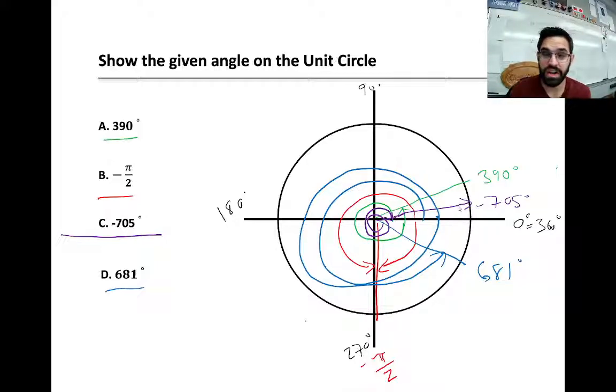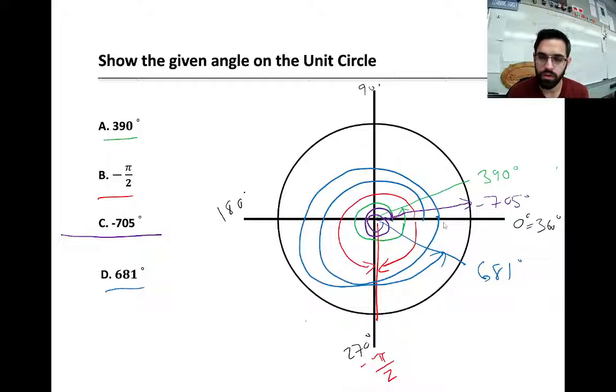Okay, 681 degrees. That's a rotation and a partial rotation. So we've got 360. Another 360 degrees would be 720, but we're only at 681. So that's going to be 39 degrees shy. 720 minus 681 is 39 degrees.